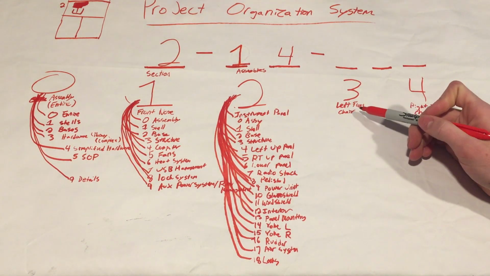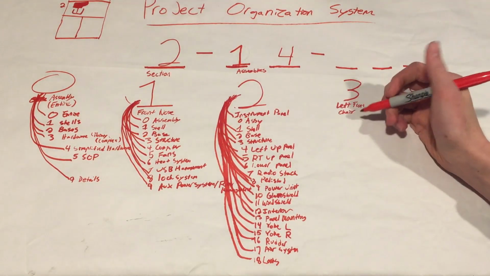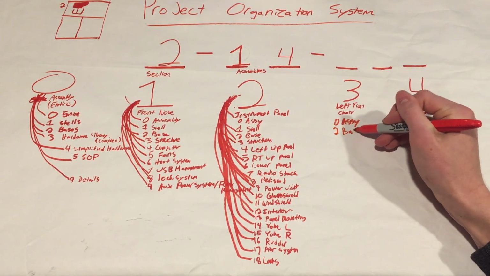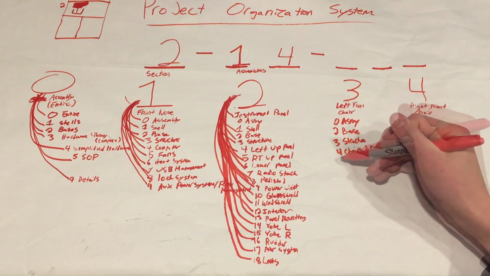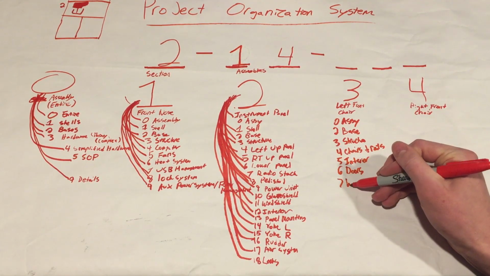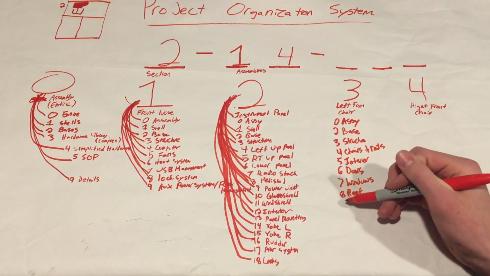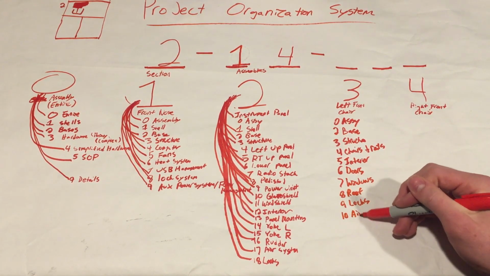The left front chair, so this section right here, contains the assembly, the base, the structure, the chairs and rails, the interior, the doors, the windows, the roof, the locks, and any air system as applicable.